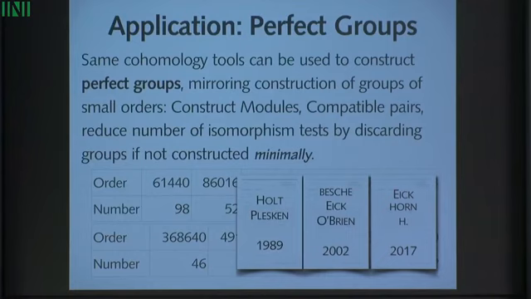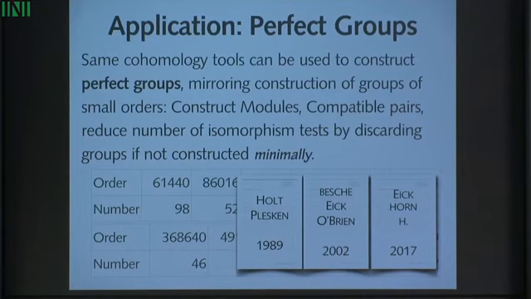Construction of perfect groups. There is a book by Holt and Plesken from '89 where they describe the perfect groups of order up to 1 million, with a few orders as exceptions. I suspect they are exceptions because there's a larger number of groups, and at some point isomorphisms become a pain.